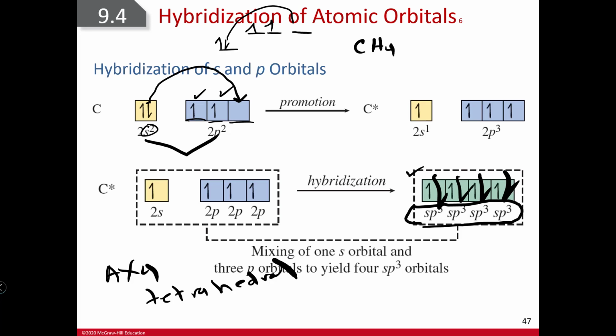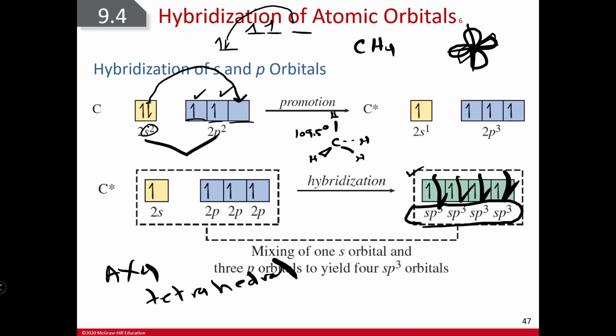And again, if we didn't hybridize them, you'd think that everything would be 90 degrees from each other because the p orbitals are 90 degrees from each other. But we know that in a tetrahedral, from this carbon out to this, and then we have, let's say, hydrogens like this, we know the angle is 109.5.